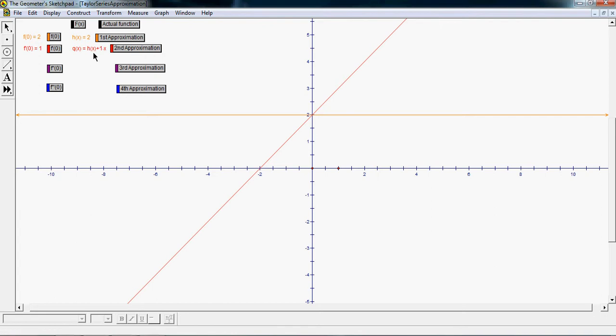If we look at the value of this at x equals 0, h of x is going to be 2, and 1 times x is going to be 0. So that's preserved. Now if we look at the first derivative, the derivative of this constant term is 0, and the derivative of this term is 1, which is what we wanted it to match. So this right here, this line of 1x plus 2, is our best guess at the function given what we know, which is just that starting point and the starting derivative.